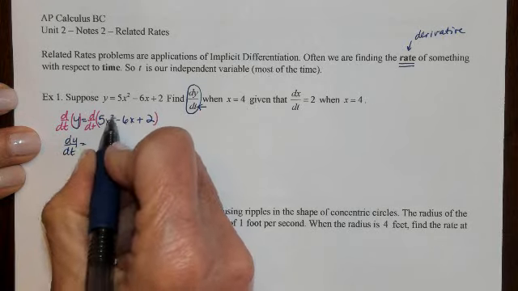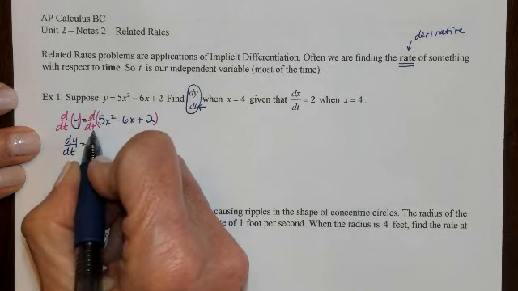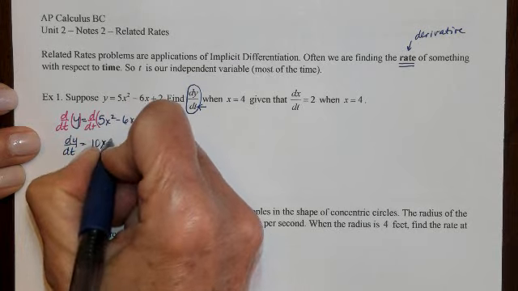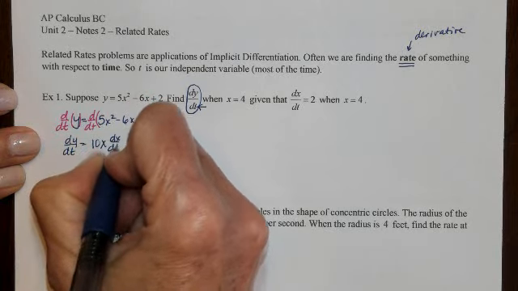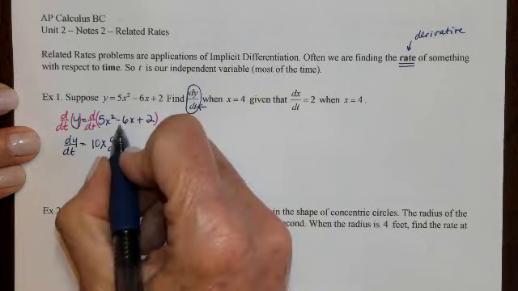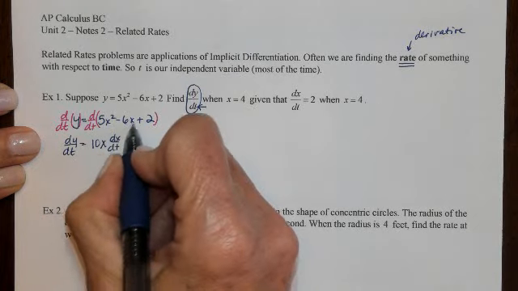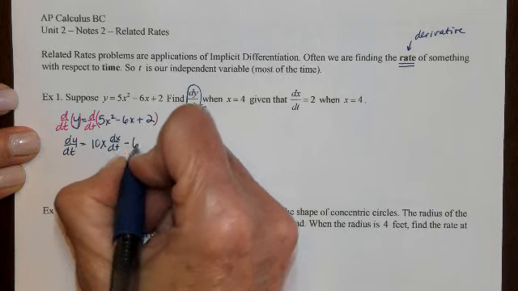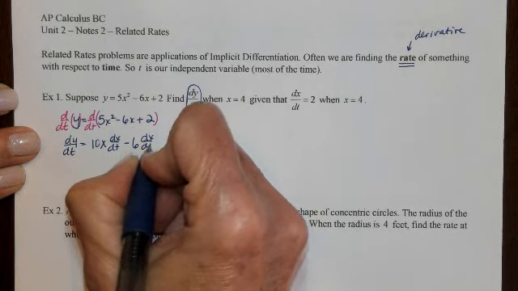Over here, the derivative of 5x squared with respect to t would be 10x dx/dt. The derivative of negative 6x with respect to t is negative 6 dx/dt.